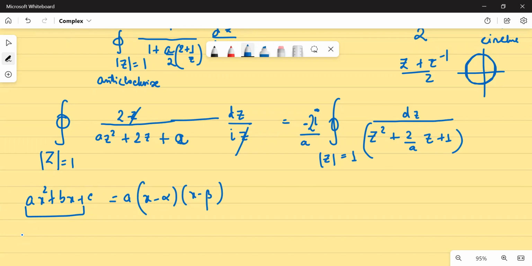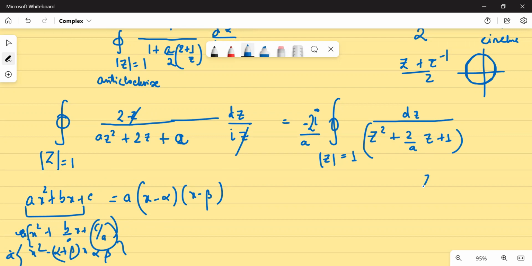Okay, so if you take a common out, ये बता ही देता हूँ, बचपन में पढ़ा हुआ है. If you take a common out, this will become b by a x, this will become c by a. What is c by a? It is product of roots, and b by a is sum of roots, and things are easy for you to take from here on. So I don't think I need to explain anything beyond, but you have to take a common out. So I've taken a common out, and I'm just interested in finding what will be the roots. So what will be roots?